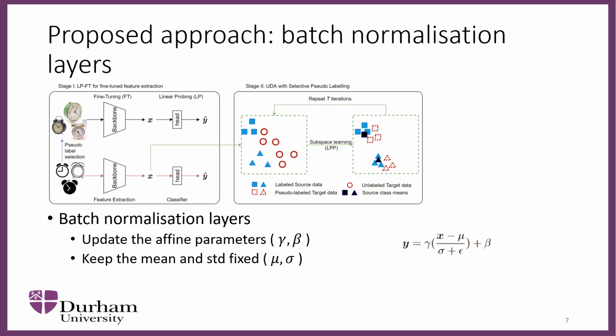Specifically, we only update the affine parameters gamma and beta, while the mean and standard deviation are fixed as they are in the pre-trained model. We find that this trick is important for domain adaptation, as demonstrated in prior works.